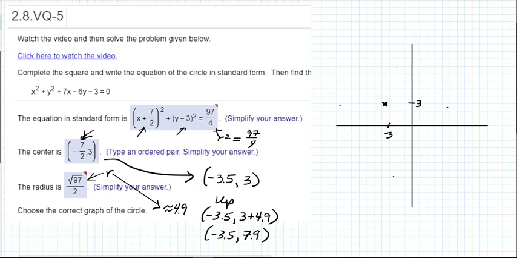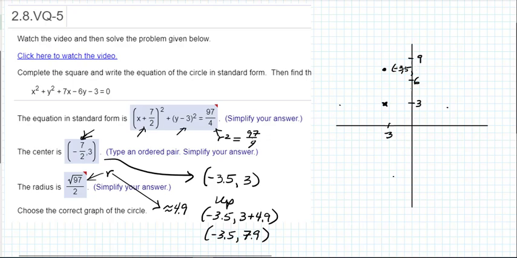So (negative 3.5, 7.9) is going to be almost to 8. So 4, 5, 6, 7, 8, 9. We're almost to 8, so it's about here, right? So (negative 3.5, 7.9).